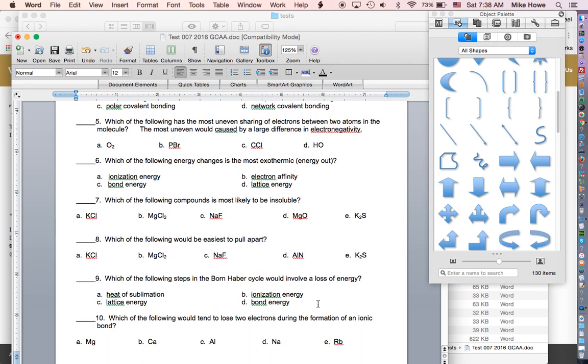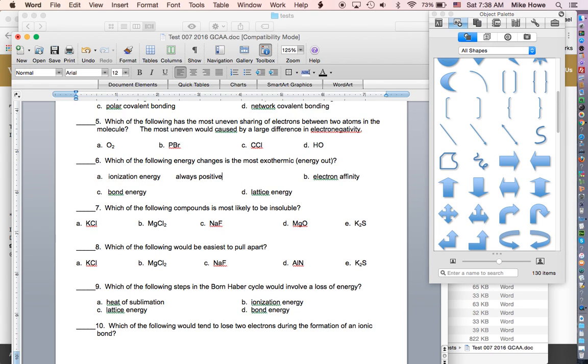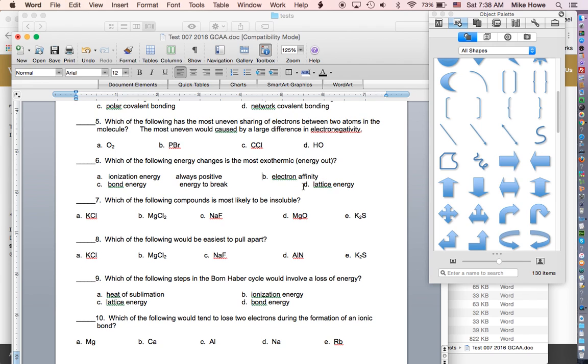All right, number six, which of the following energy changes is the most exothermic? Exothermic meaning energy out. Well, if you remember, ionization energy is the energy needed to remove an electron. Those were always positive, which means always energy in. Bond energy always requires energy. It's the energy to break a bond. So that's energy in also. Electron affinity and lattice energy are both energy out.